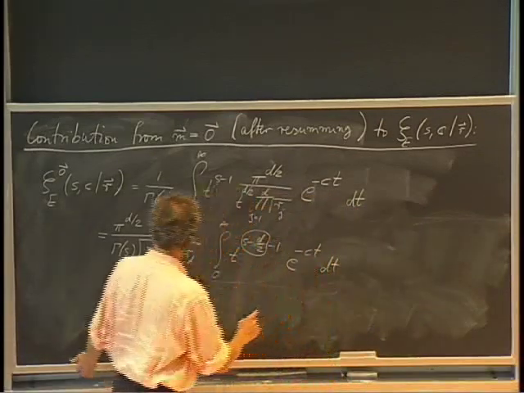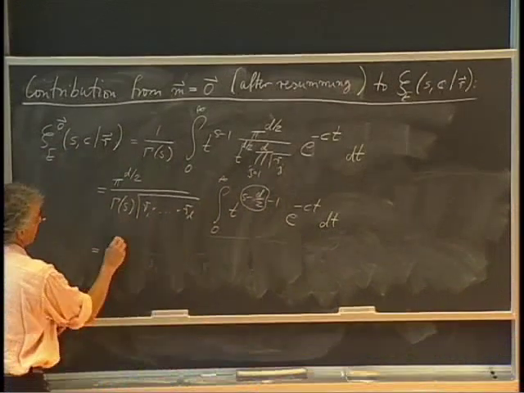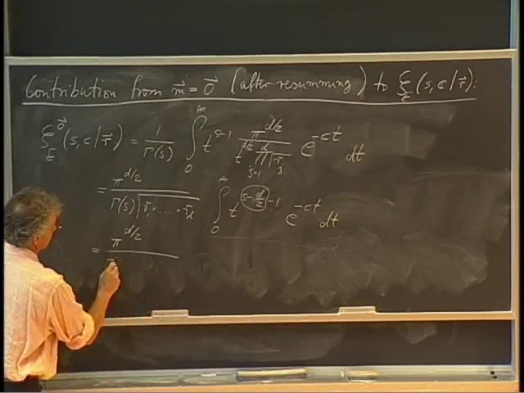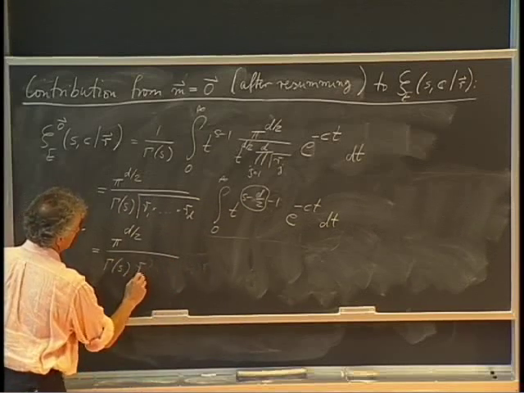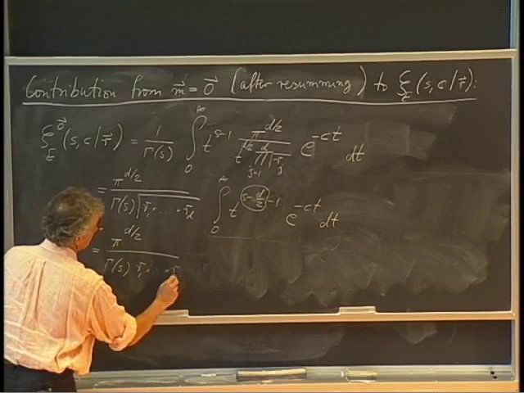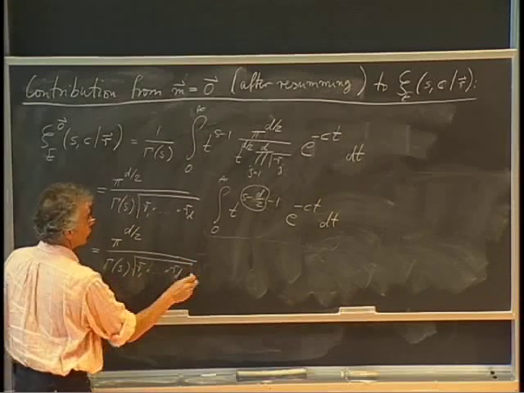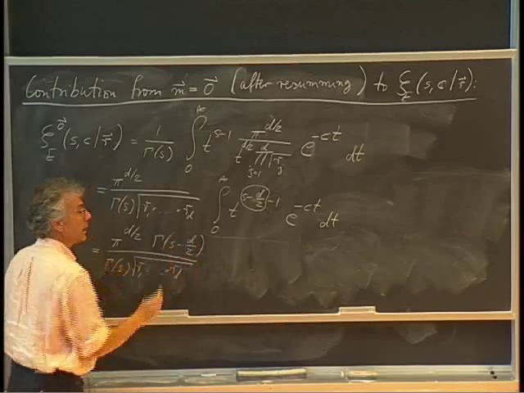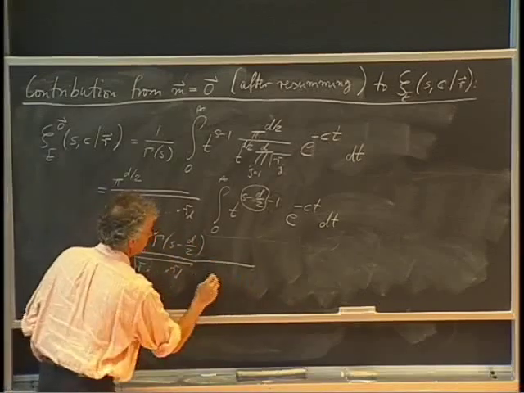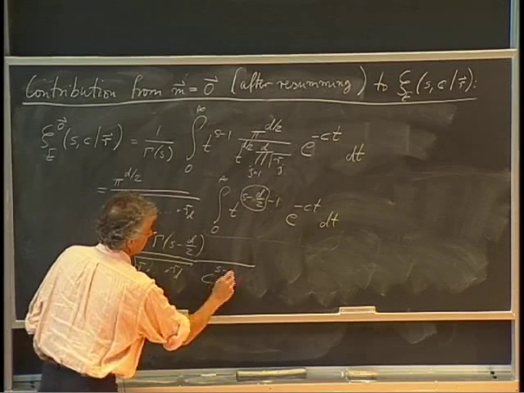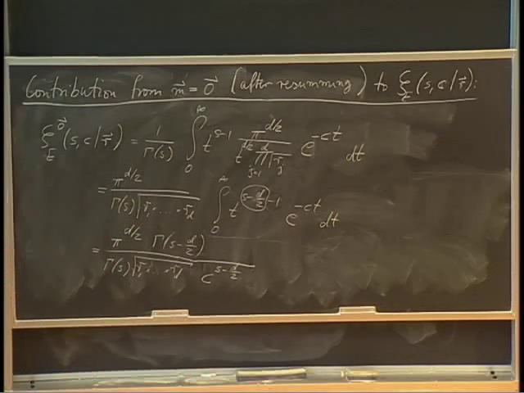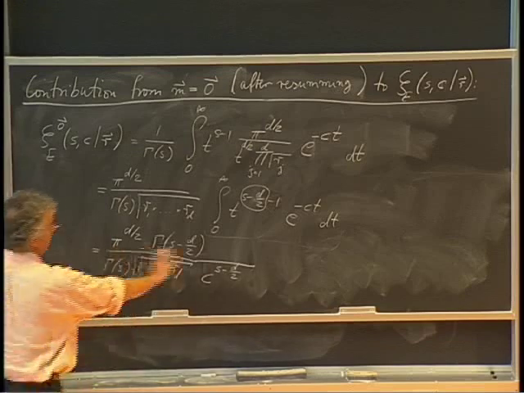And that allows you to write down the contribution in this form. There's a gamma at s minus d half, and there is a c to the power s minus d half. If you look up the formula for 1 over lambda to the s as an integral, that is what you get.